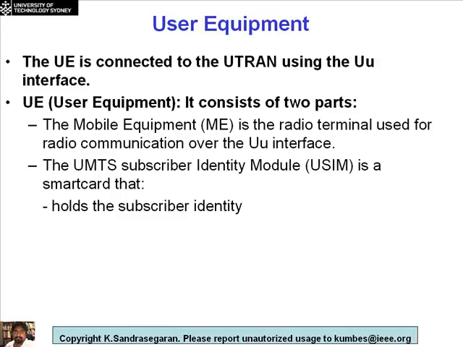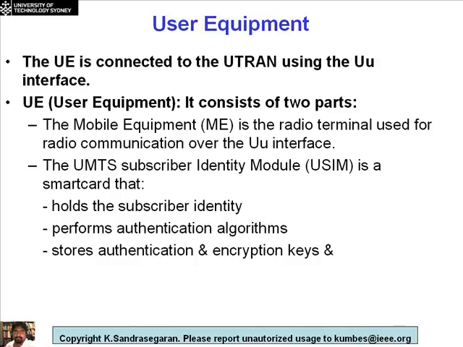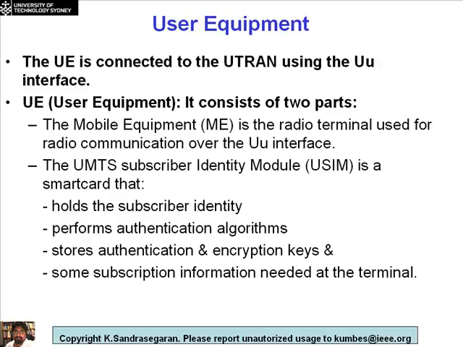So apart from holding subscriber identity information, all of the algorithms that are required for authentication and encryption of data are performed using the algorithms in the SIM card. It also stores keys that are necessary for authentication and encryption. And you also require subscription information that is needed at the terminal.